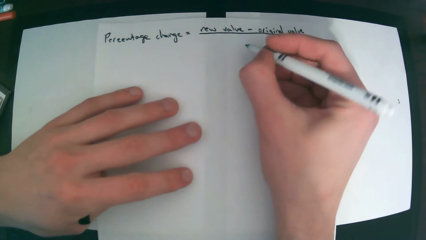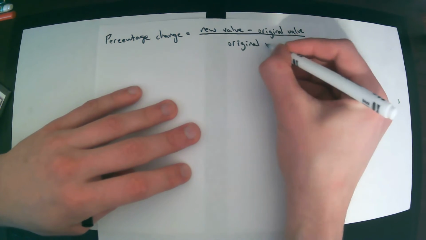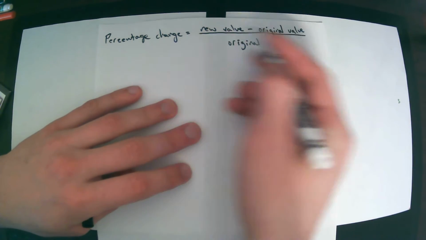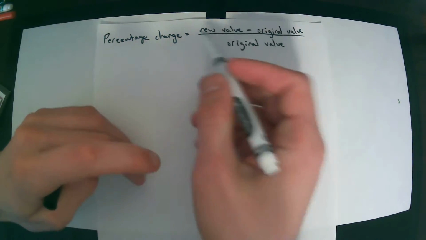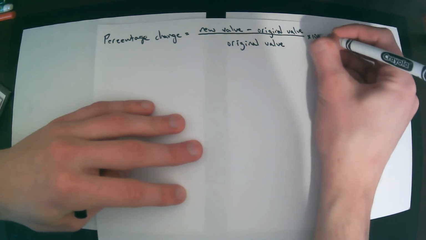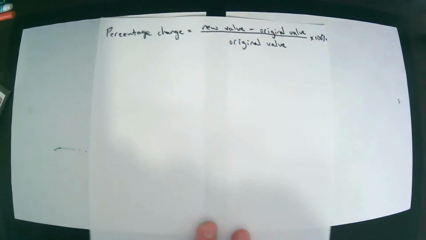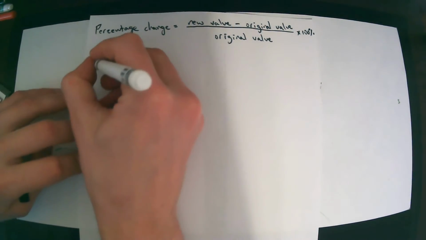That's fine too, but this is how I like to think of it. And in chapter 4, I wrote the top as just the word difference, which is what this is. A difference is a subtraction problem. And then of course we're going to tack on that times 100% at the back to get it as a percentage.